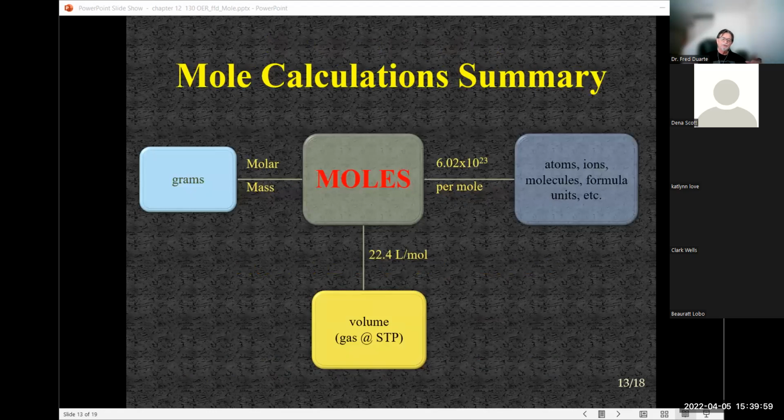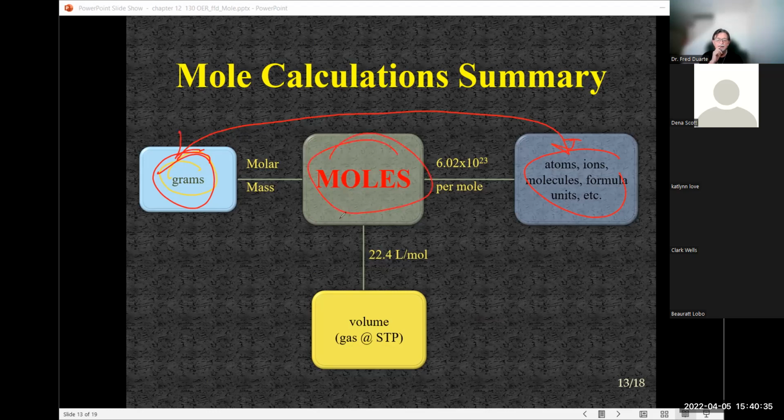So this flow chart, which is the second flow chart that we're going to use in the calculations, will help you get around these problems. Notice here, I can get from grams to atoms, but only through moles.